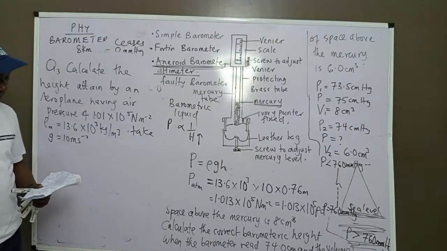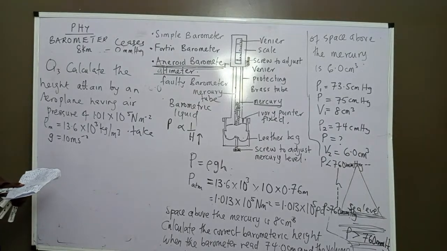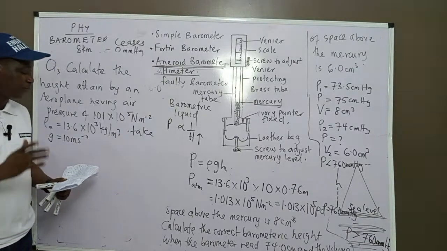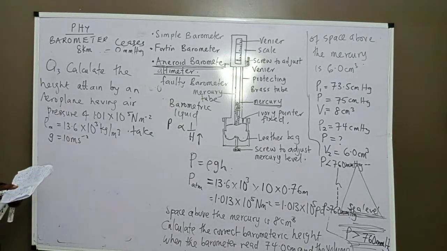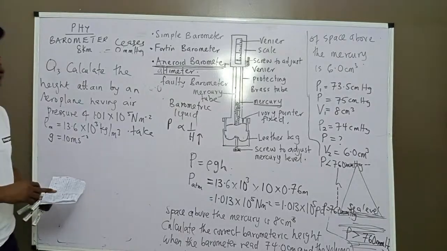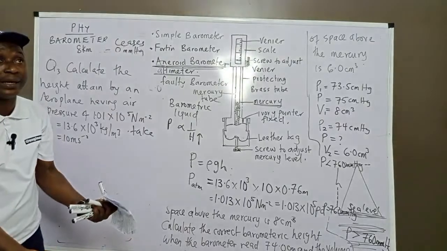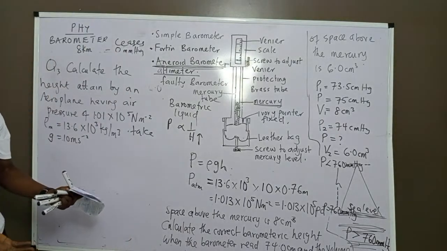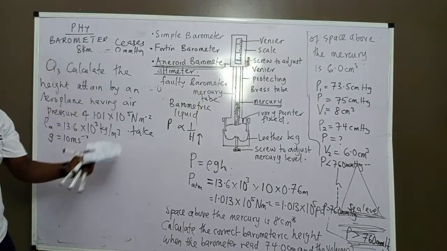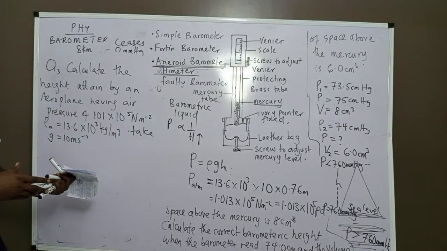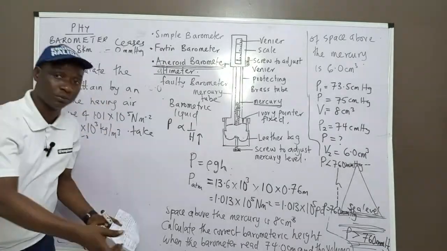Please take note of those three words I have just mentioned: air pressure, barometric pressure, and atmospheric pressure. Why do we call it barometric pressure? Because it's a barometer that we use to measure atmosphere or air pressure. The atmosphere can be measured with the barometer, so we call it barometric pressure.